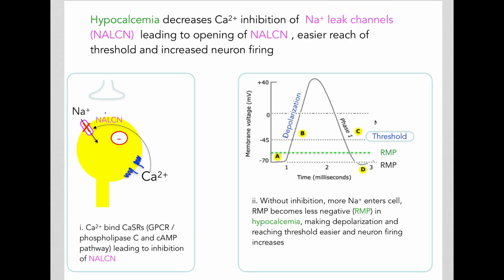So inhibition of this NALCN will make the membrane potential more negative, and so the resting membrane potential in this case, for example, might be around -70.